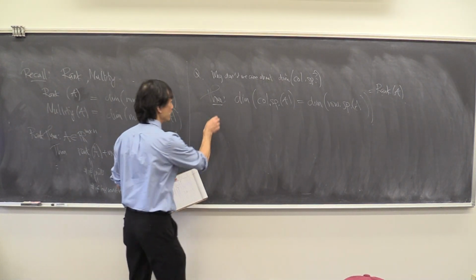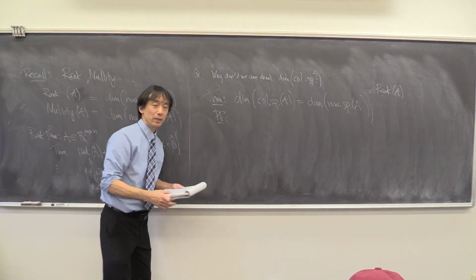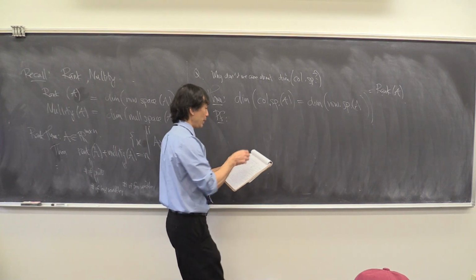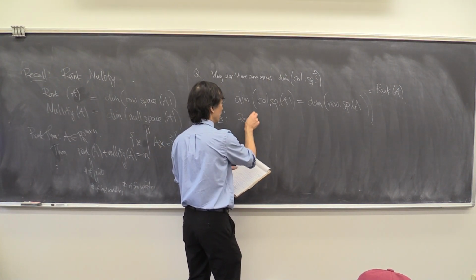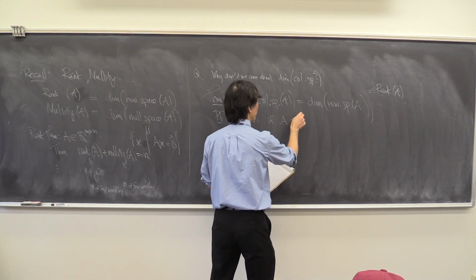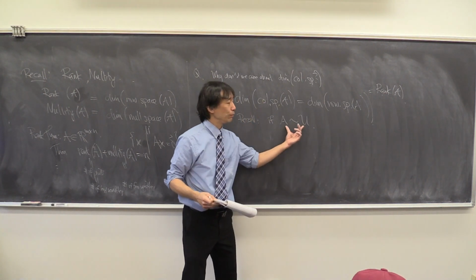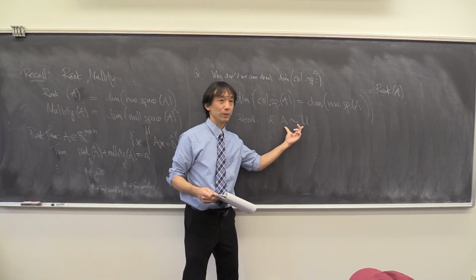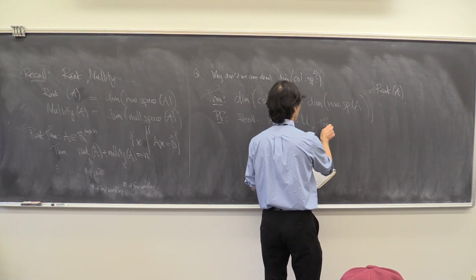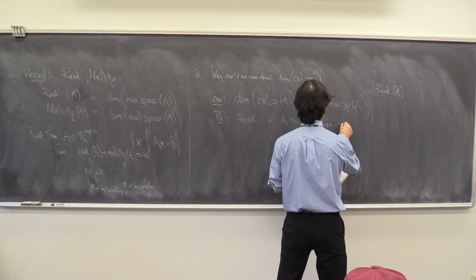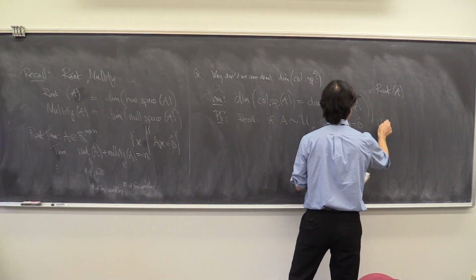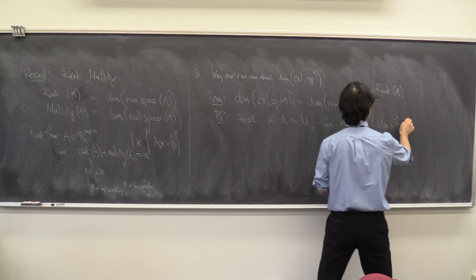Okay, so this one takes a little bit of thinking. Let me recall first that if you have two row equivalent matrices, then AX equals 0 and UX equals 0 have the same solutions.